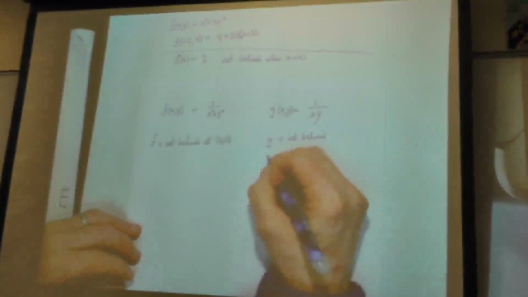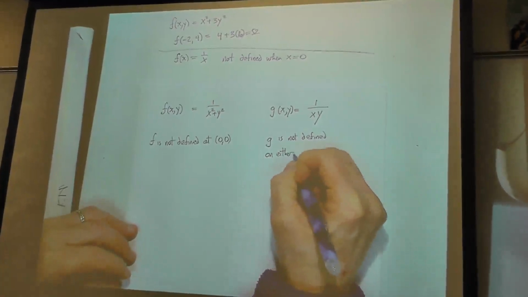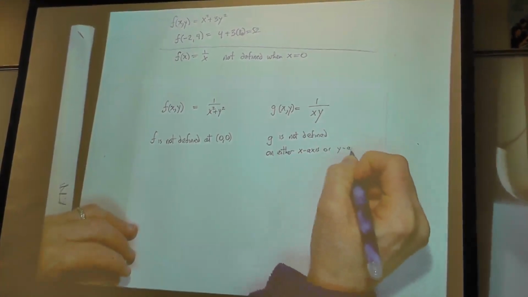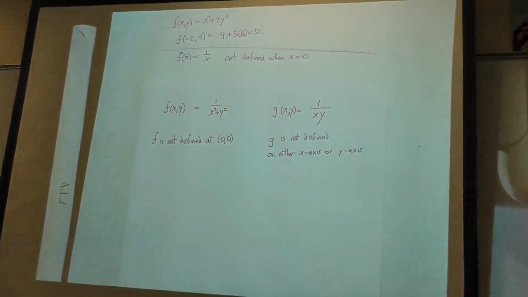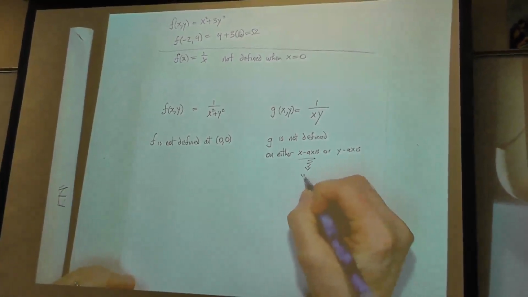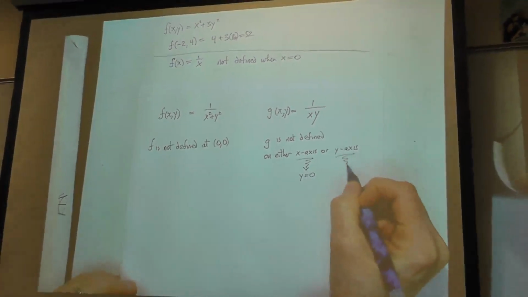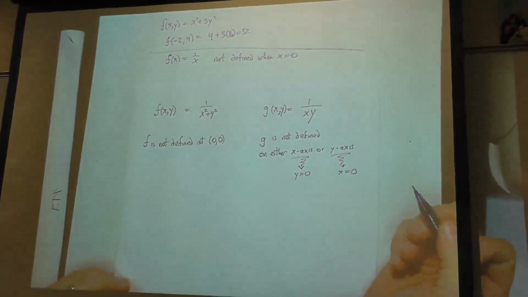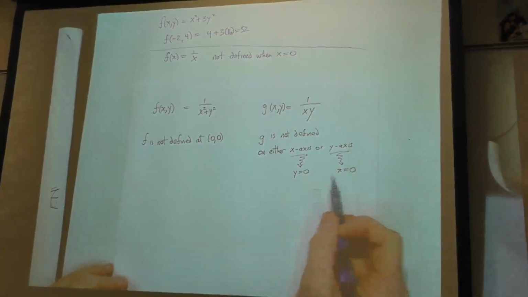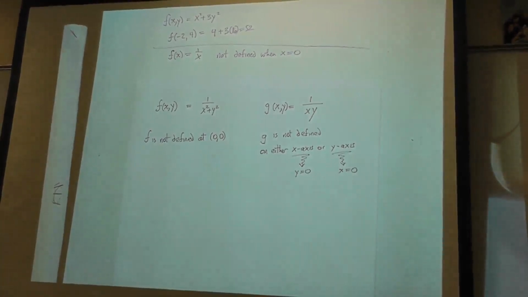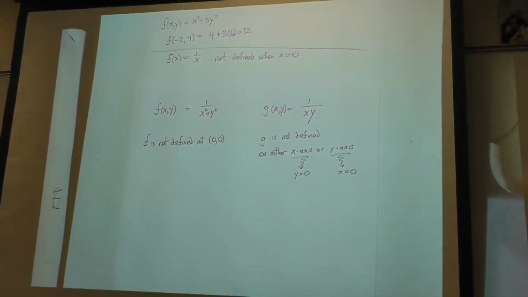So it's not defined on either the x-axis or the y-axis. So you get these issues cropping up. Is that clear? If we're on the x-axis, that would mean that the y-coordinate is 0. If we're on the y-axis, it's going to mean x is 0. So I don't need them both to be 0 to bring up this issue. Okay?